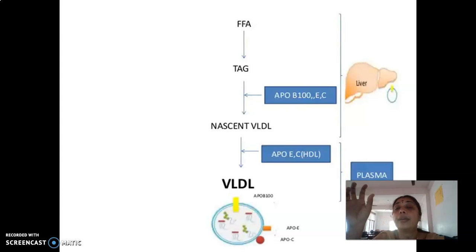Almost all the TG and cholesterol esters will be liberated, mainly the TG. When almost all the TG is released into the adipose tissue and skeletal muscle, what is it now lacking? TG. Once the TG is completely removed from the IDL, we call it LDL.